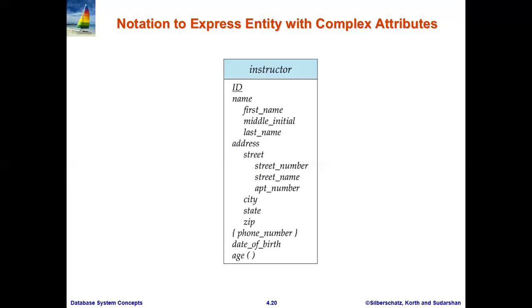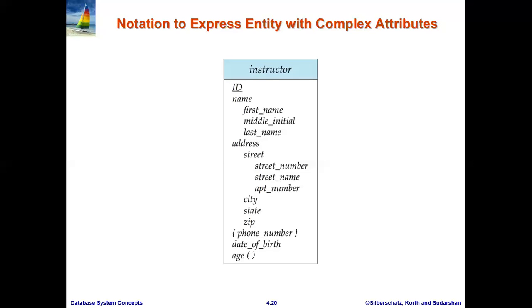So instructor is an entity. We can say instructor is a table, instructor is a relation, or instructor is an entity, and instructor will have its properties, attributes. Attributes are ID, name, address, street, city, state, zip, phone number, date of birth, and age. So these are the different attributes of instructor.